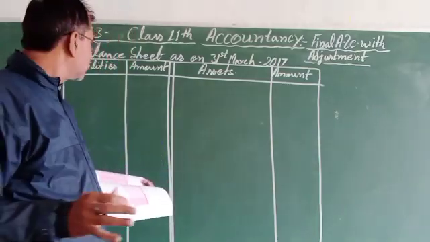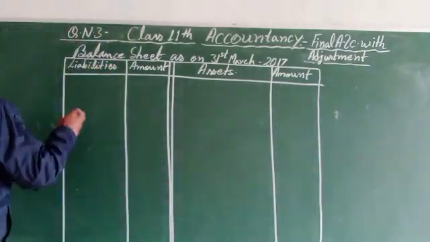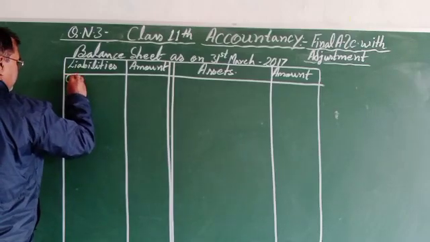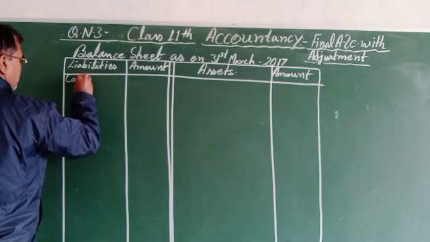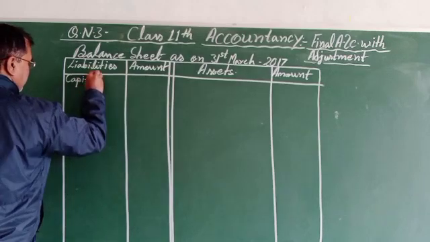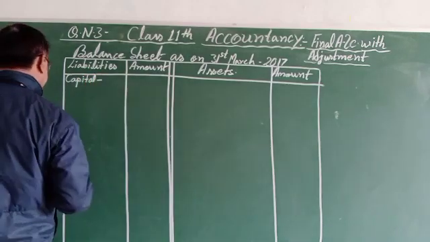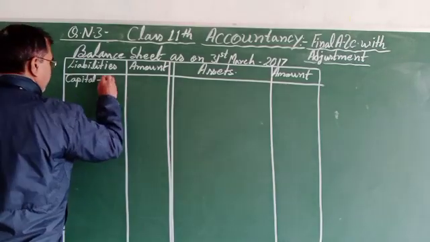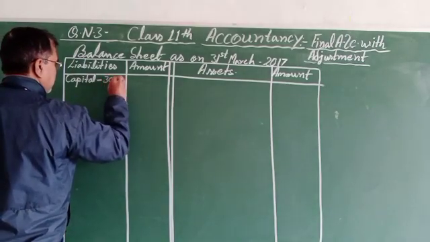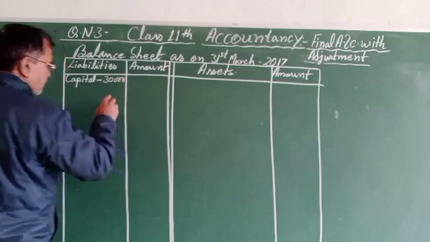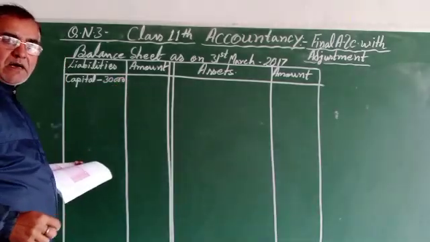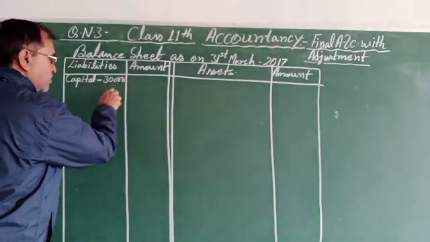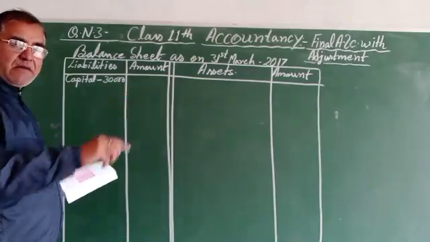First we have to write the capital in the credit column. Capital that is given is 30,000, which will be recorded inside.